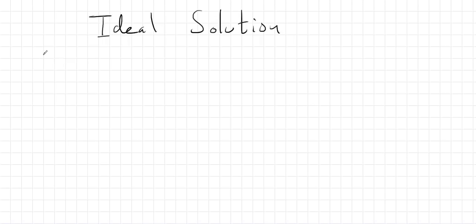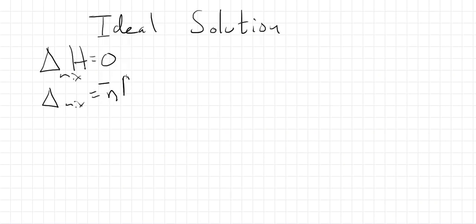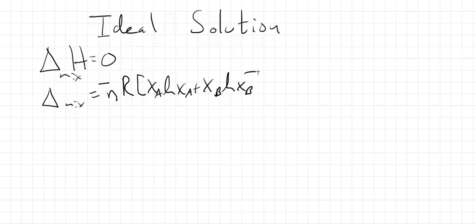An ideal solution would be one that has a delta H of mixing of 0, and a delta S of mixing of negative nR (XA log of XA plus XB log of XB). Well, in other words, we're defining an ideal solution as one that has the same, oh, I forgot the S over here. There we go. That has the same thermodynamics as mixing ideal gases.